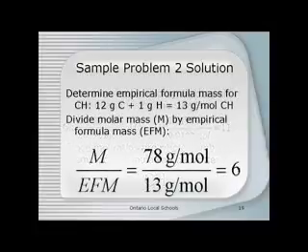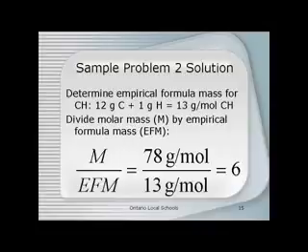I now have the empirical formula. It is CH. I need to determine the empirical formula mass for CH. So this would be 12 grams of carbon plus 1 gram of hydrogen, which gives us 13 grams per mole of CH, the empirical formula. And then I'm going to divide the molar mass, which is represented normally by an uppercase M, by the empirical formula mass, which we're going to represent by EFM.